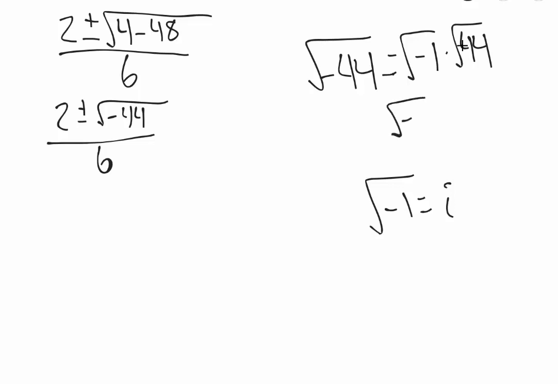But I'm going to break up that 44 even further. So I'm going to drop down the square root of negative 1. And what we want to do is simplify the square root of 44, or break it up into a multiplication using perfect squares. Perfect squares are your numbers like 4, 9, 16, 25, 36, 49, right? 3 times 3, 4 times 4, 5 times 5, so on like that.